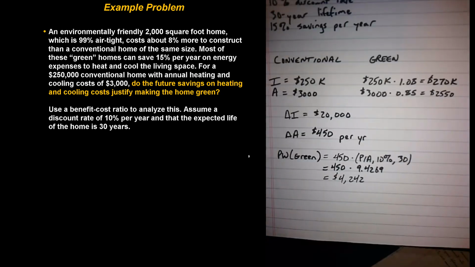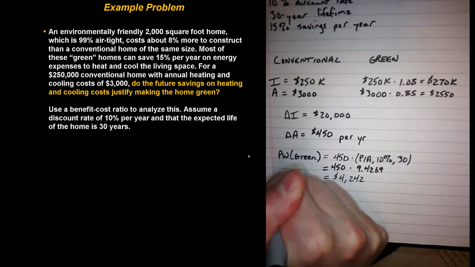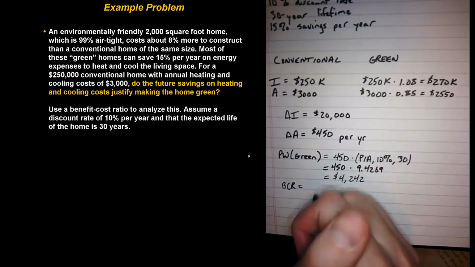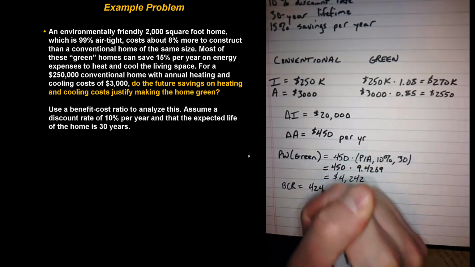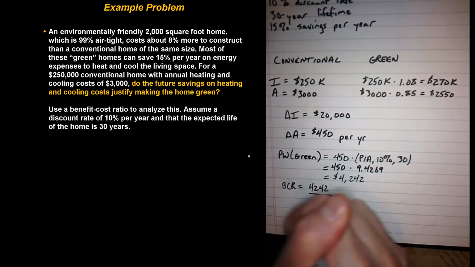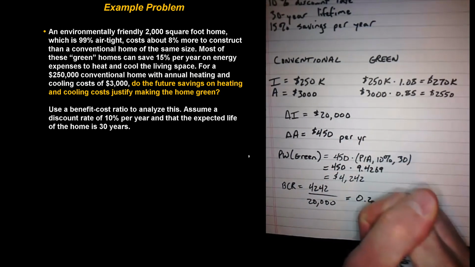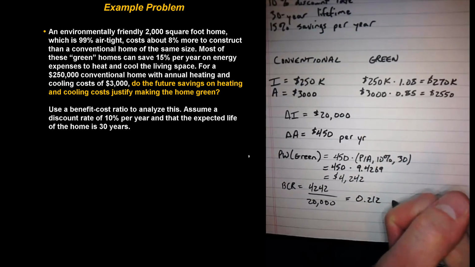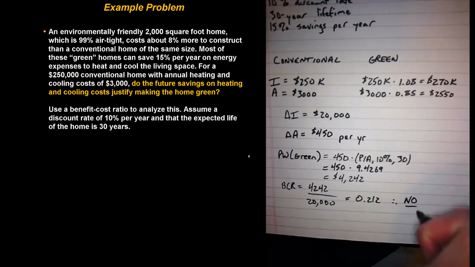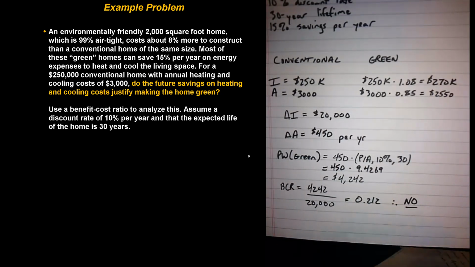Consequently, our benefit cost ratio is going to be the delta in heating and cooling costs, that's our benefit, divided by the delta in the initial investment, because we're doing an incremental analysis. So the benefit cost ratio in this case will be 4,242 divided by the $20,000 difference in the initial investment, which comes out to 0.212. So therefore, no, it does not make sense to go green.